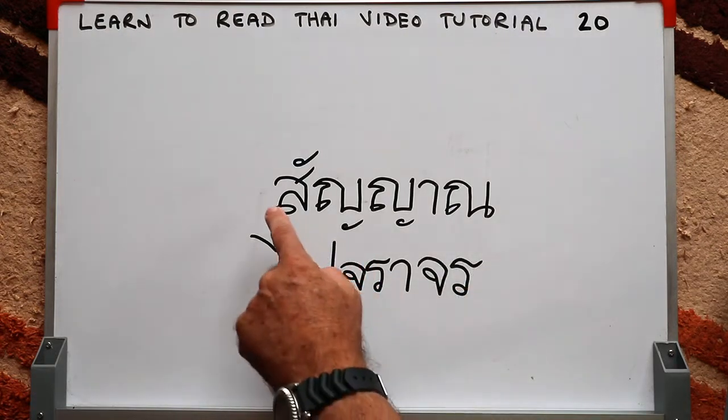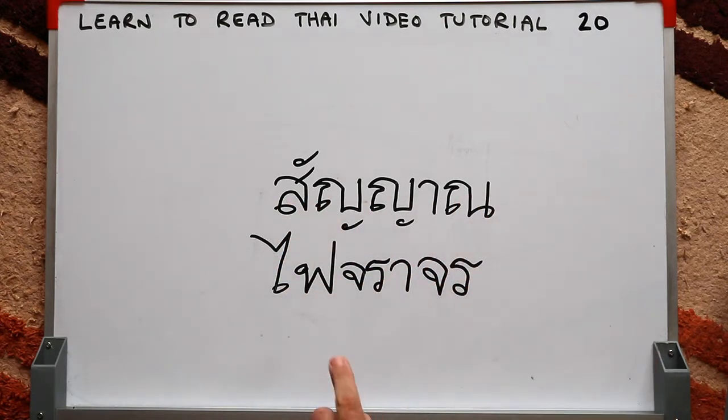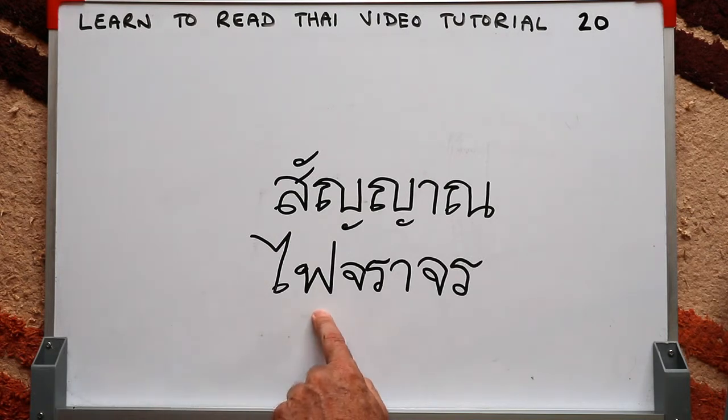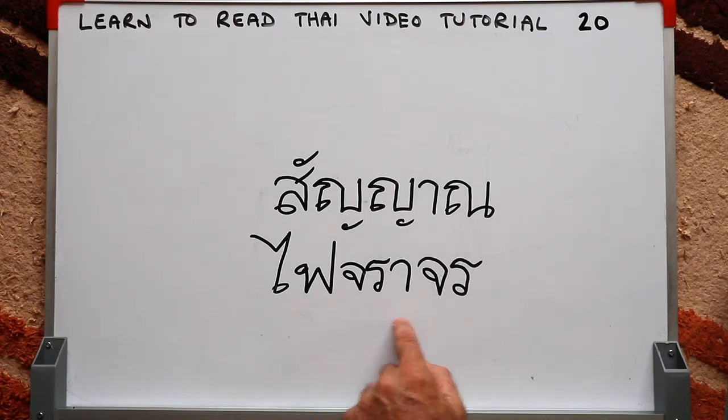Okay, so we're back to the sanyan, the signal. And underneath we have the sara i, the short I, one of the F consonants, fai, which is light. And this word here means traffic. And this phrase is actually the correct term for traffic lights.